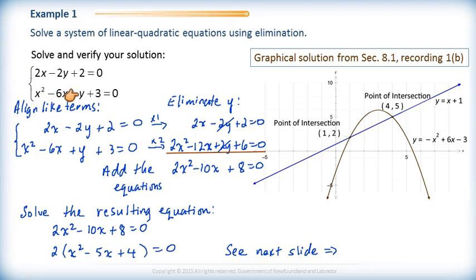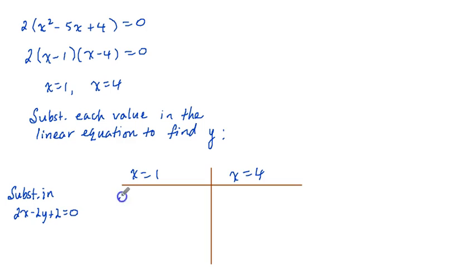That's a little easier equation to work with than the other one. So we've got 2 times 1 minus 2y plus 2 equals 0 here. Moving my 2y across the equal sign, I'll have 2 times 1 plus 2 equals 2y. That gives me 4 equals 2y. Divide both sides by 2. I get 2 equals y.